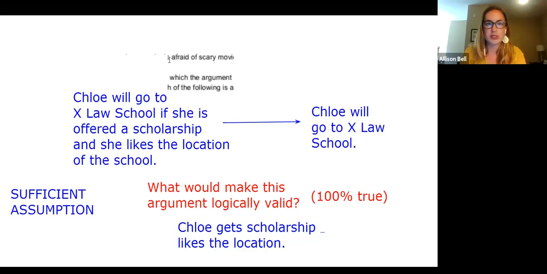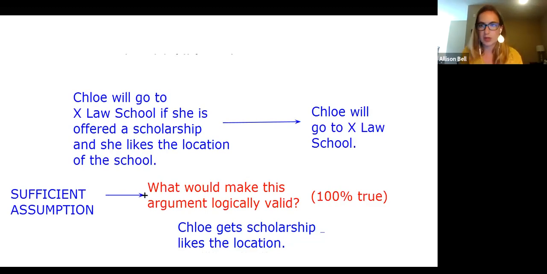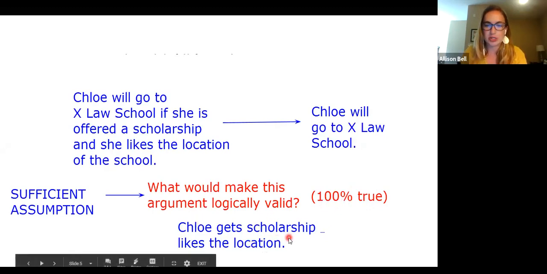So a sufficient assumption question is going to be phrased something like this: which of the following would make this argument follow logically, or be logically valid, or be properly concluded? And it's asking for something that is enough to make the argument 100% true. Chloe gets the scholarship and she likes the location is enough to make this argument 100% true.